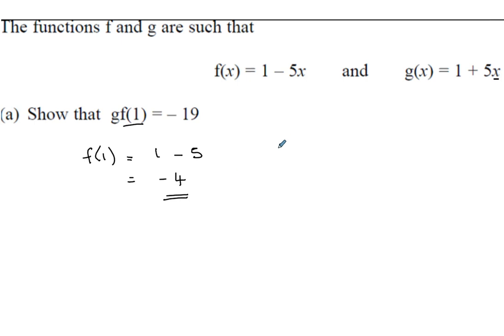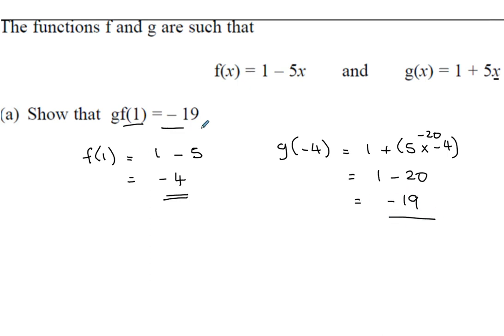So g of minus 4 will be 1 plus 5 times minus 4. And that gives you minus 20. So 1 minus 20 will give you minus 19. So we've shown that.